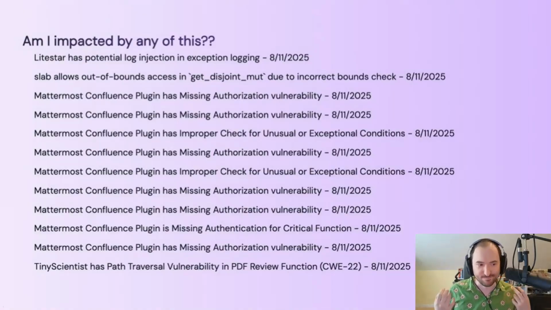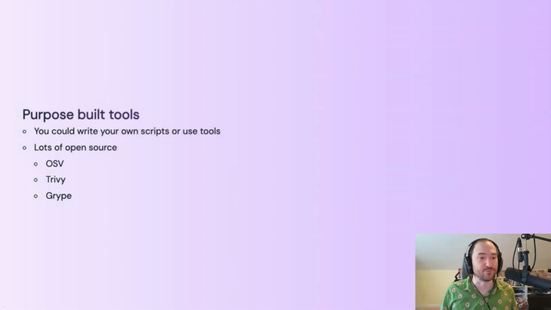Yes, it's gnarly. Yes, it's going to be a little annoying to merge everything together and do that comparison, but you have that today. And then there's purpose-built tools, right? So you could write your own scripts or use custom tools, write up your own stuff to do that.